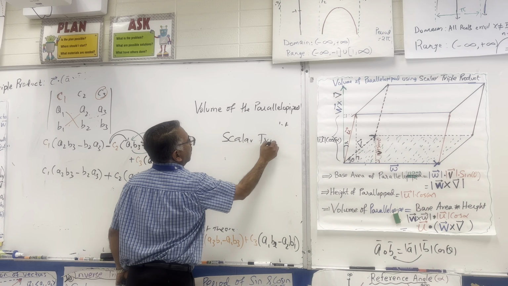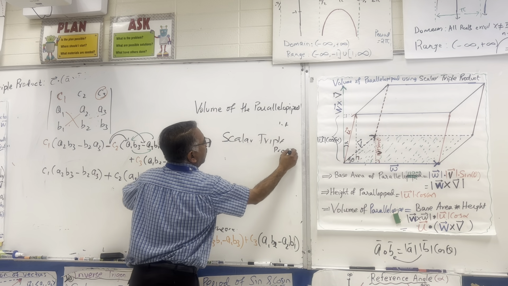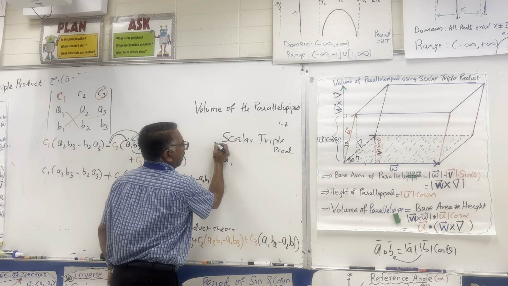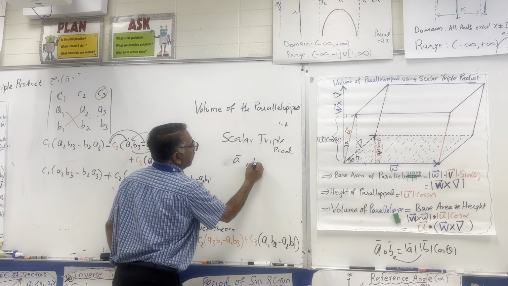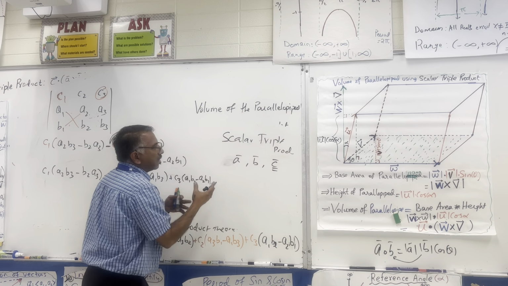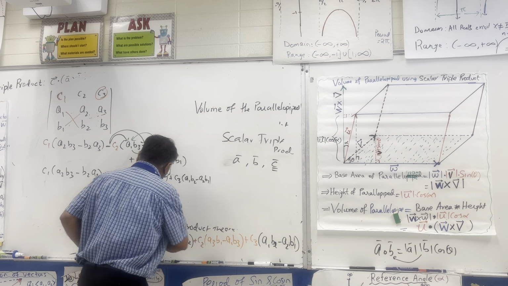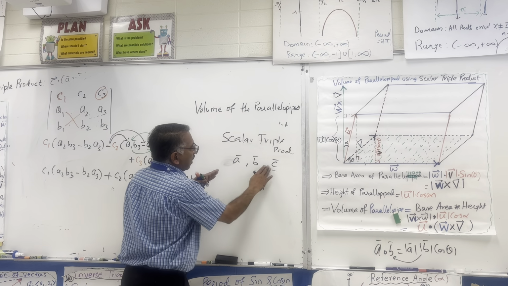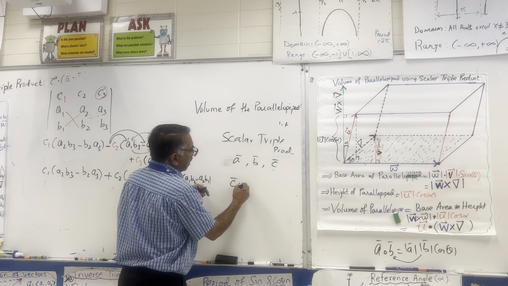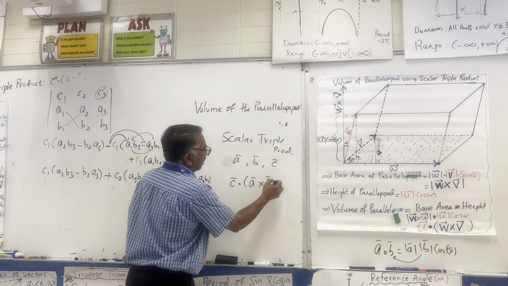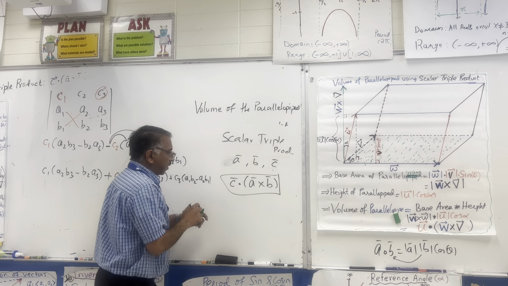the scalar triple product. It only means if you have two vectors, A bar and B bar, and then there's another vector C bar, so we got a formula that it is C bar dot A bar cross B bar.